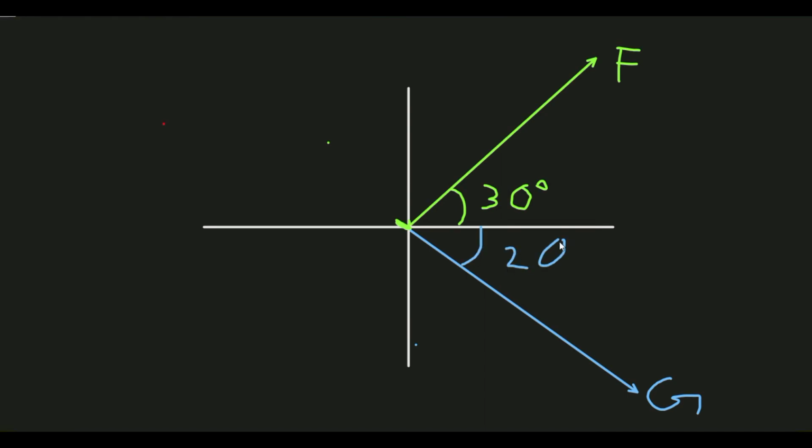Suppose it's not accurate, just suppose that it's 20 degree. What do we do in this case? So remember, if we are finding the vertical force, for this one it is F sine 30 degree, right?